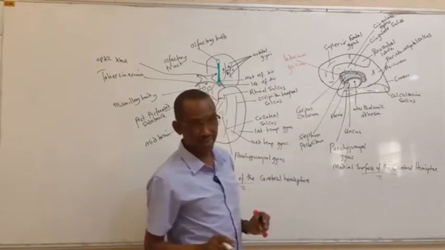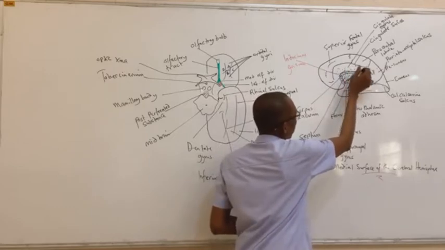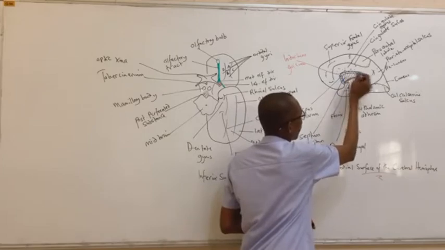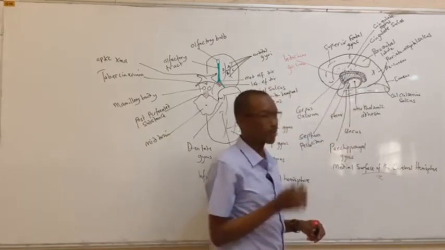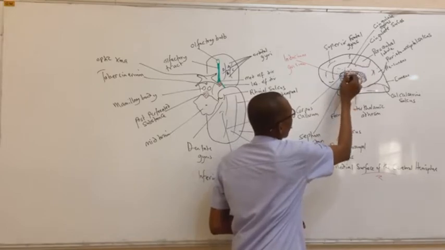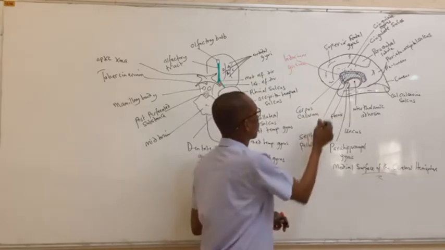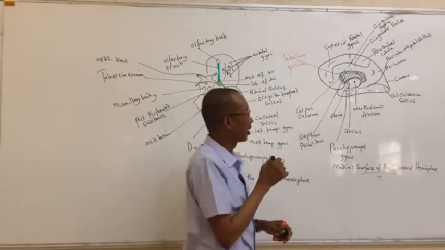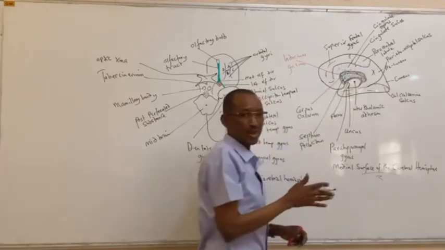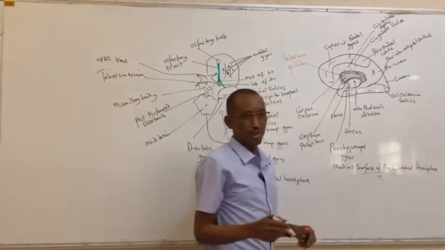In between the corpus callosum, which is also a commissural fiber, and the fornix, there is one sheet of membrane covering the space between the two. That is what we call the septum pellucidum. This septum pellucidum covers one space that is located inside the cerebral hemisphere.